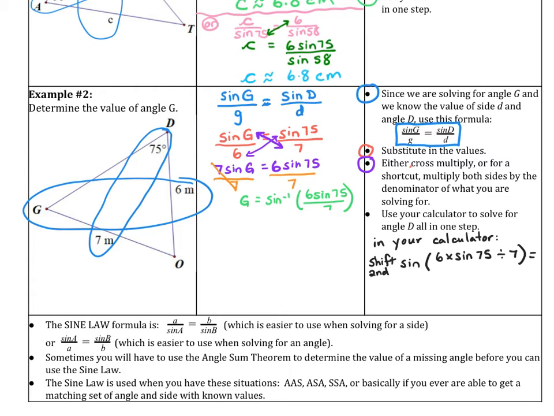That's how you're going to type that into your calculator, and that's going to give you approximately, and again it's an angle, so you're going to round it to 1 decimal place, 56 degrees.